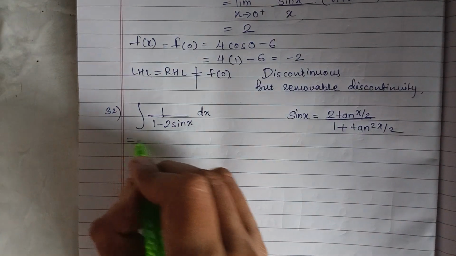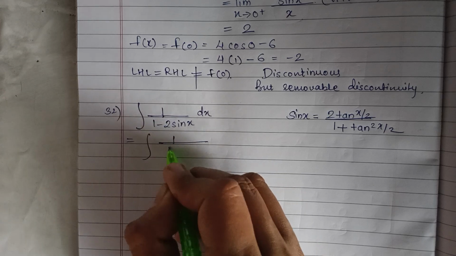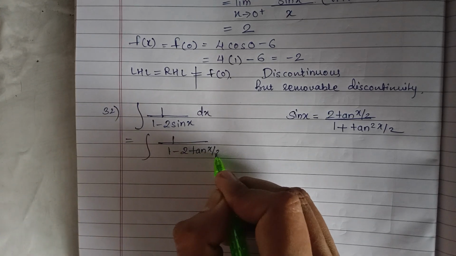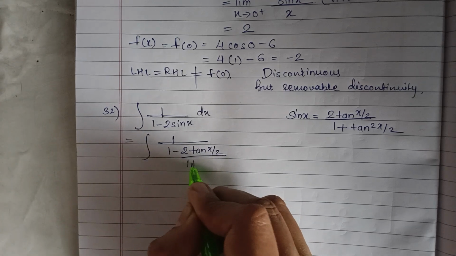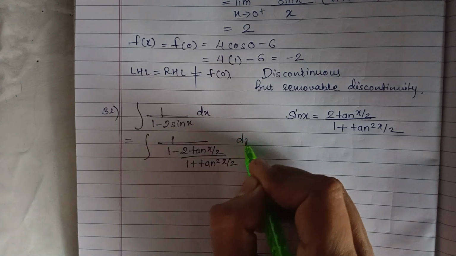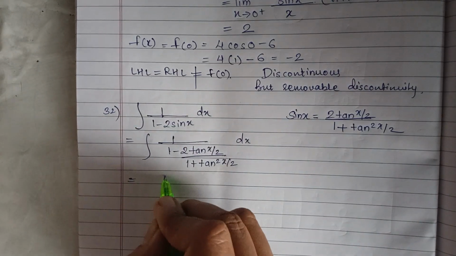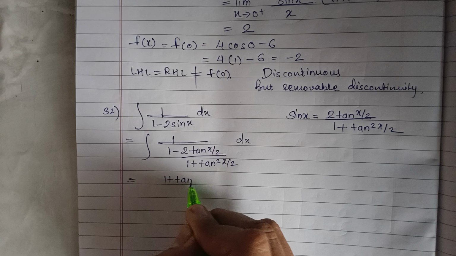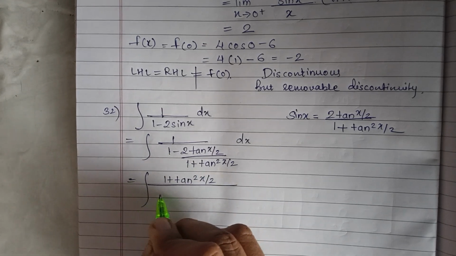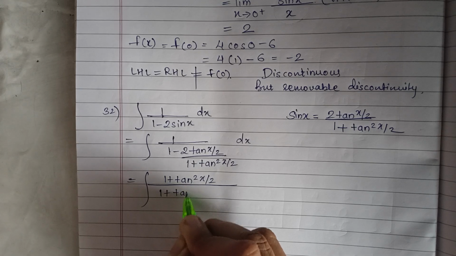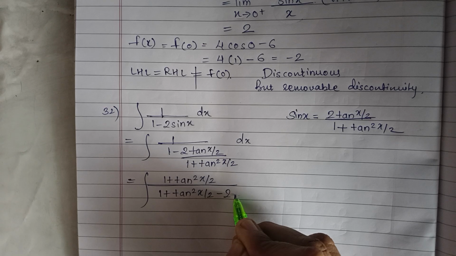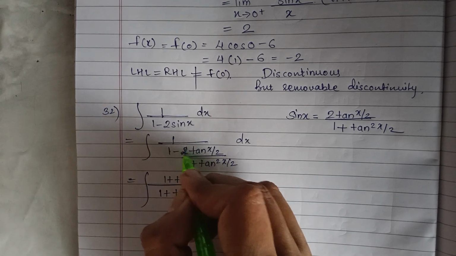Substituting and cross multiplying, we'll get, this becomes 4.